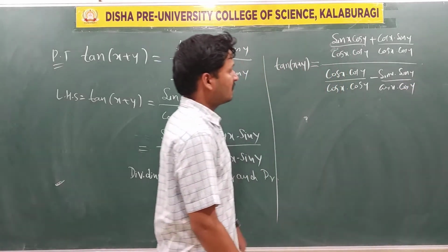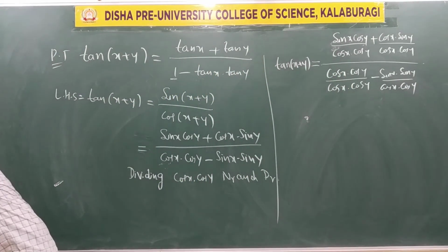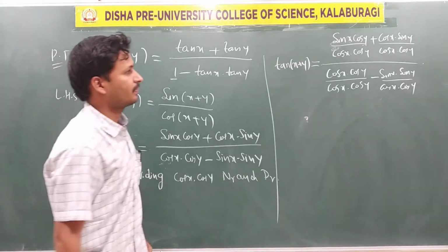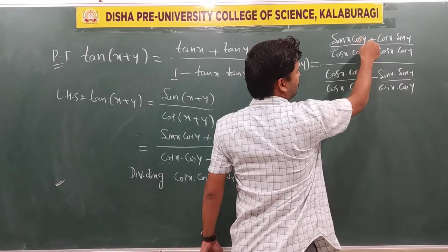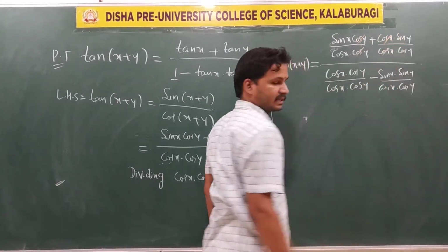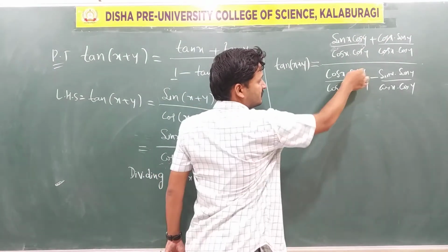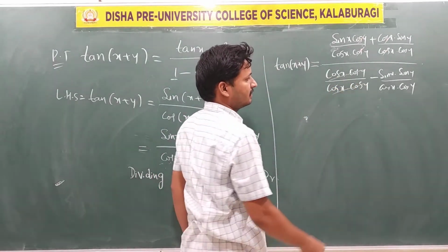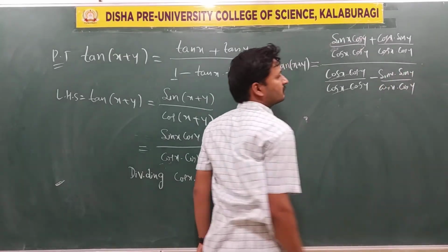After that, some of the terms will get cancelled. Here cos y cancelled, here cos x cancelled, here cos x into cos y completely, here sin y is not needed.